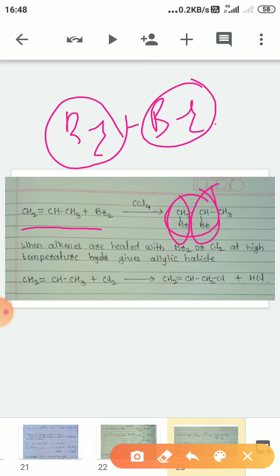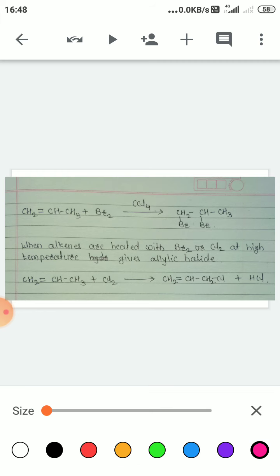Similarly we can add Cl2, so instead of this Br2 we'll get 1,2-dichloropropane. Now one more thing is that when alkenes are heated with Br2 or Cl2 at high temperature, this is the effect of temperature, it gives allylic halides. That means substitution of allylic hydrogen takes place at high temperature.